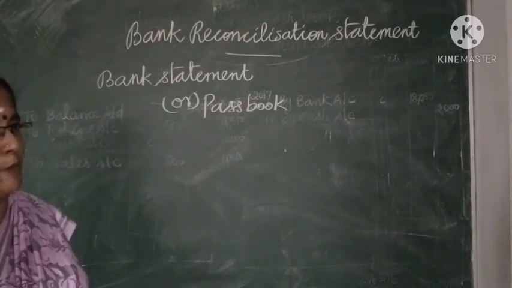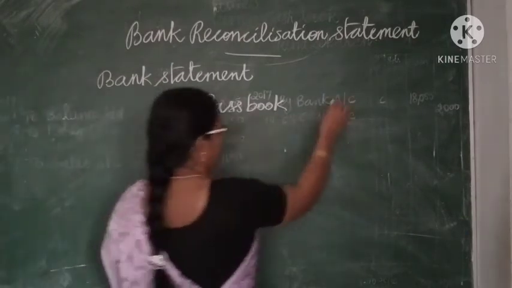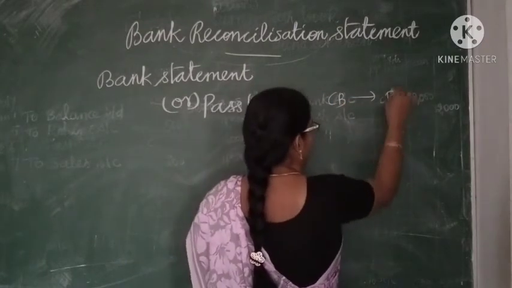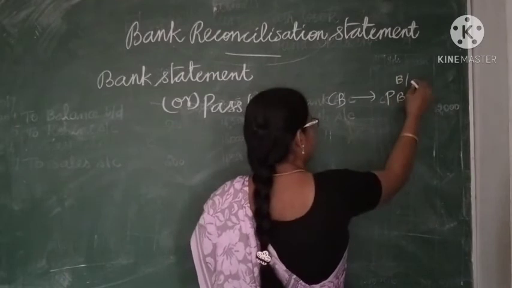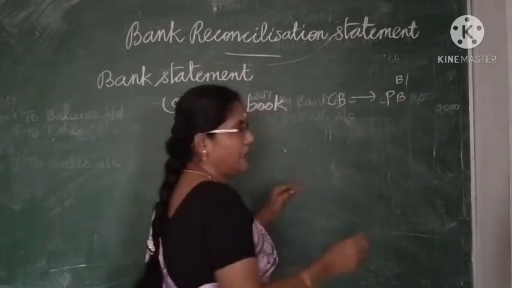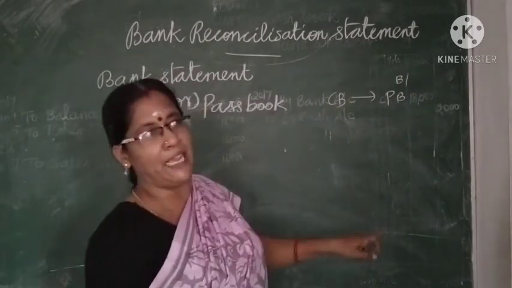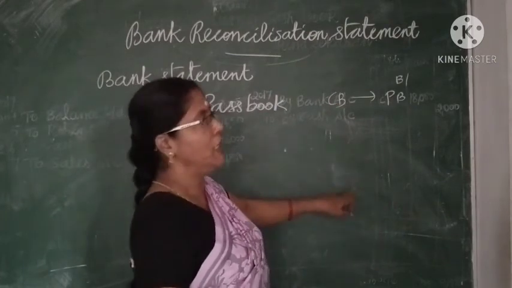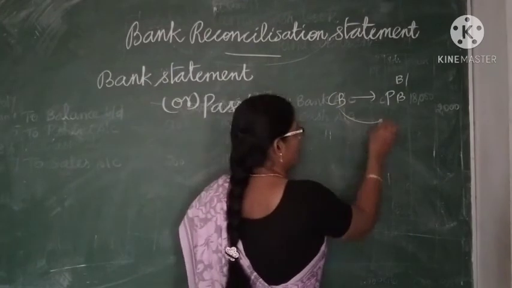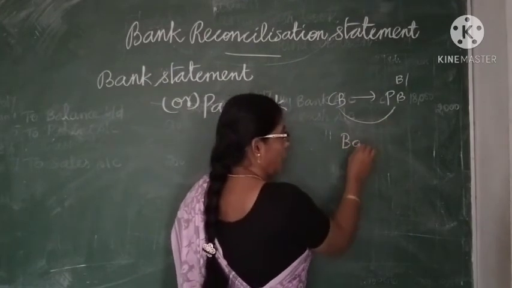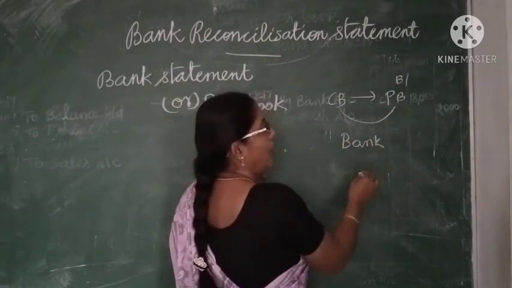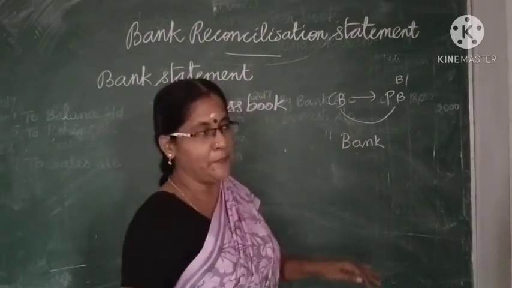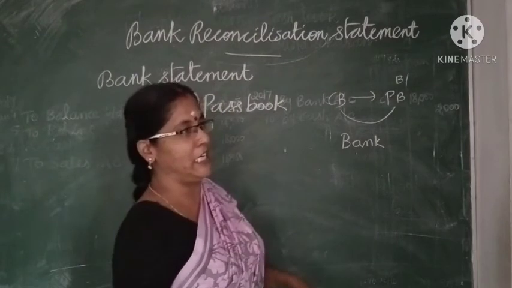The cash book is prepared by the accountant, and the passbook is prepared by the bank employee, isn't it? The passbook is maintained by the bank employee. Here the cash book is maintained by the cashier. So the cash book bank balance and the passbook bank balance must tally. That is called the bank reconciliation statement.